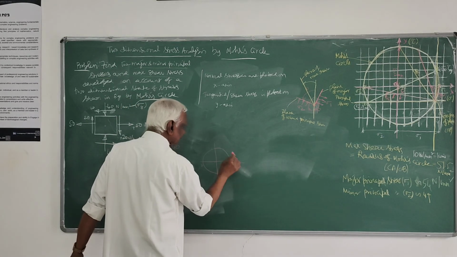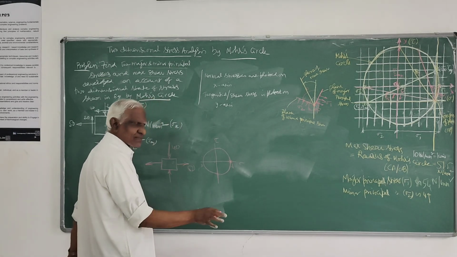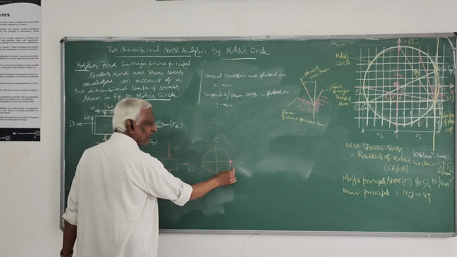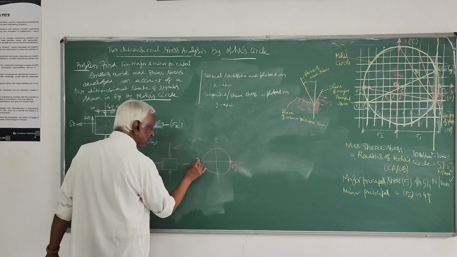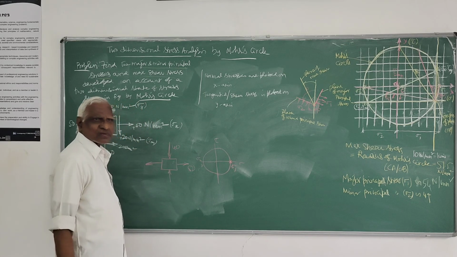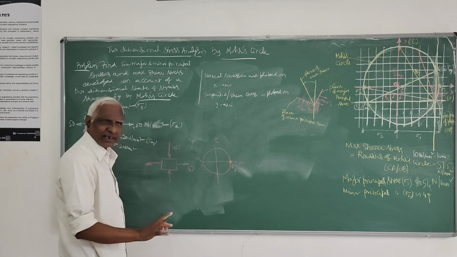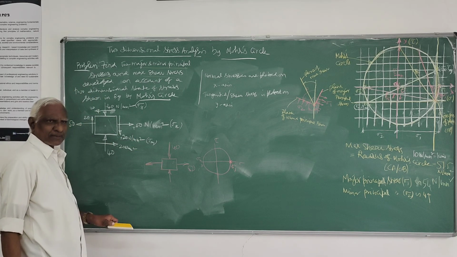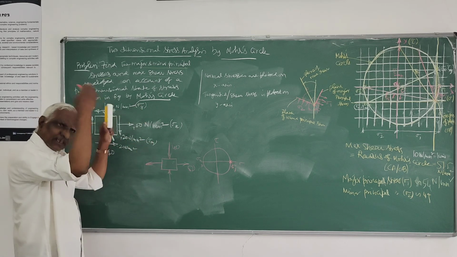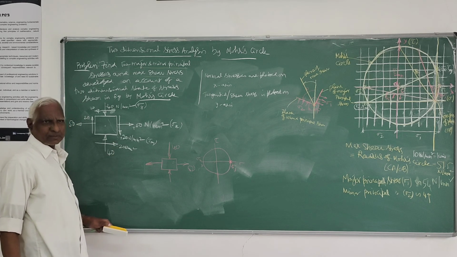This is sigma axis, tau axis, tau is 0. This itself is your major principal stress, this itself is minor principal stress. Because this itself is sigma x, whatever sigma x is there, that itself is major principal stress. What sigma y is there, that itself is minor principal stress.